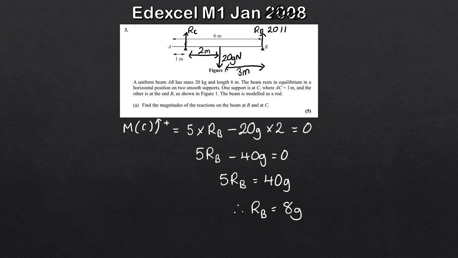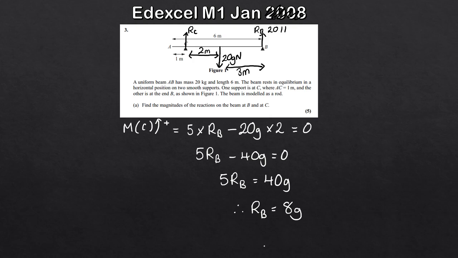But we also need to consider the reaction at C. We've worked out that the reaction at B is 8g. We need the reaction at C now. Just like we did with the previous one, you can take moments at B, but there's a much quicker way of doing that, and that's to consider the fact that this is in equilibrium.